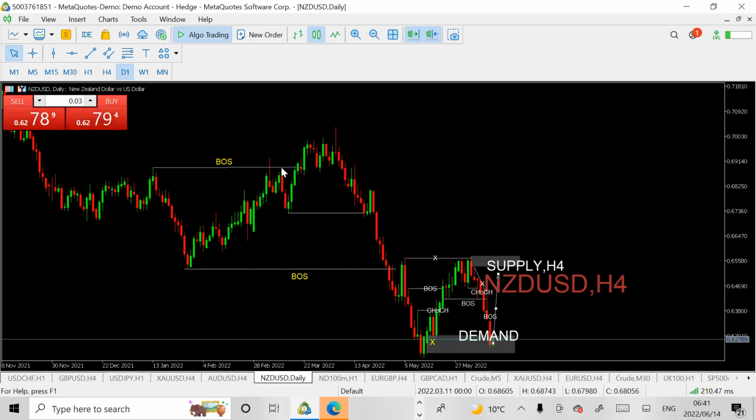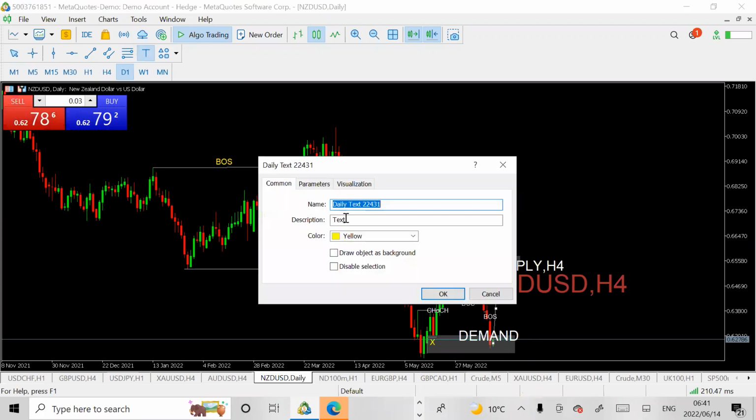This was the most recent low which was taken out. Because it was bullish, forming higher highs and higher lows, this was the previous higher low which got taken out. So this was our daily church, when it turned from buying to selling.